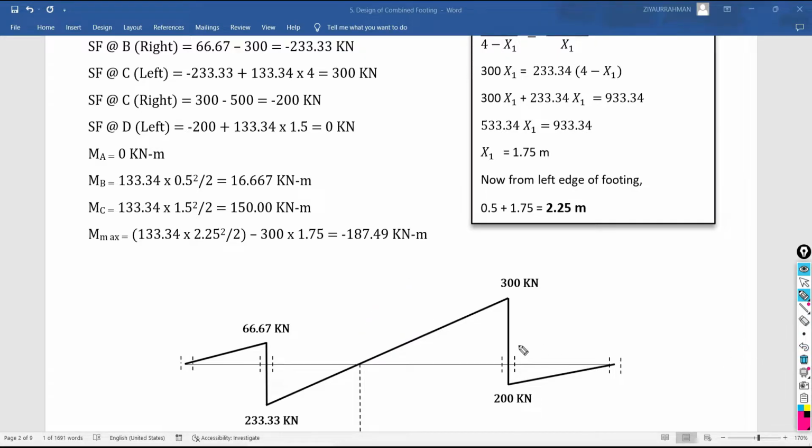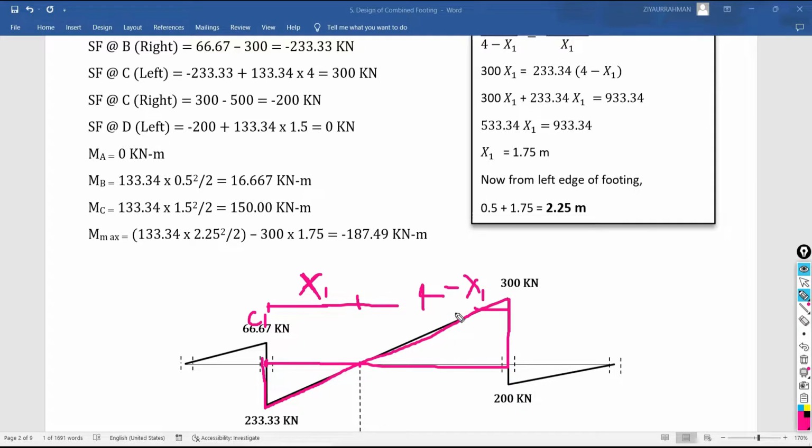Okay, so how to do the calculation to know the distance of this point? You need to go with the symmetry of the triangle. I am going to say that this point is at a distance of x1 from the center of this column C1, and the remaining portion is going to become 4 minus x1.